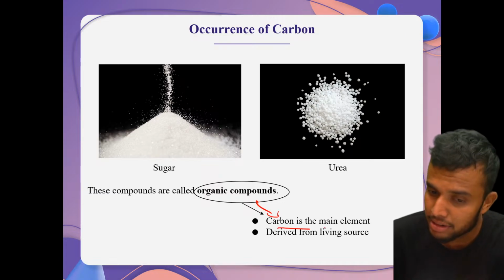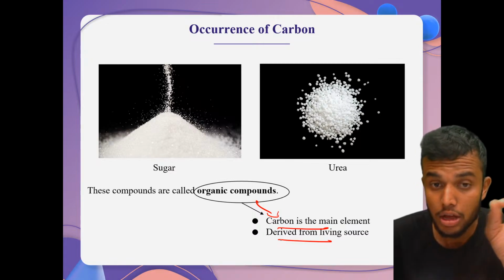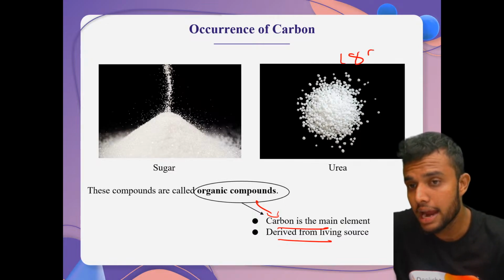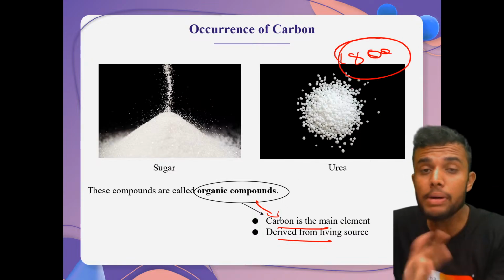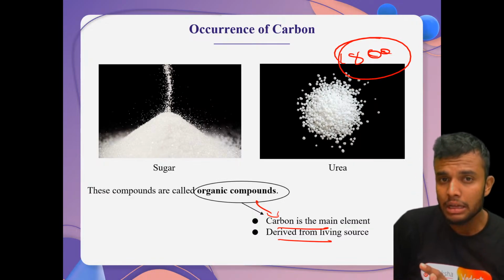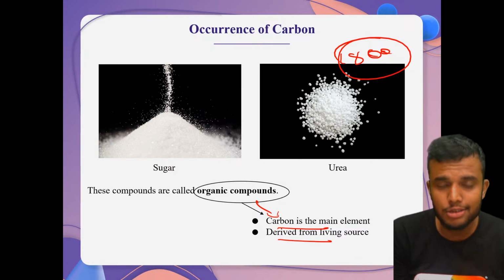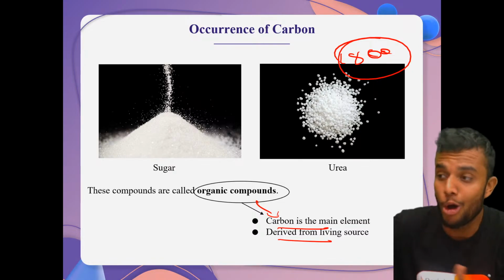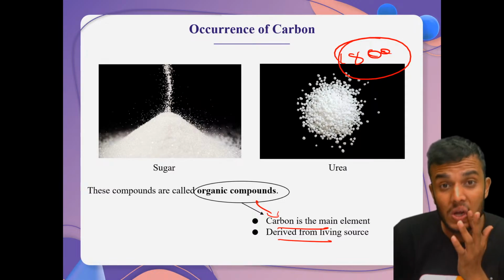Organic compound is nothing but a compound with carbon as the main element derived from a living source. Before 1800, what did people think? Organic compounds are derived only from living sources, for example sugarcane or other animals. These are called organic.